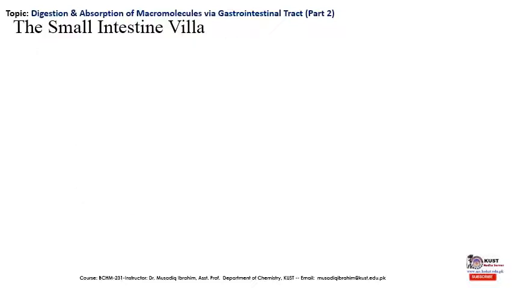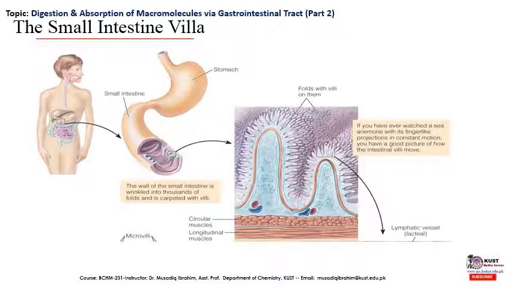So moving towards the small intestine villi. In this diagram you can see that this is the stomach, this is the small intestine, and here in the diagram you can see the inner area of the small intestine. So the wall of the small intestine is wrinkled into thousands of folds and is also carpeted with villi.